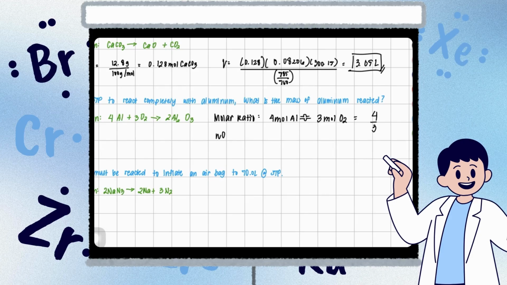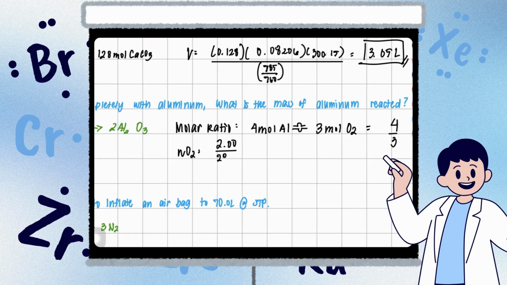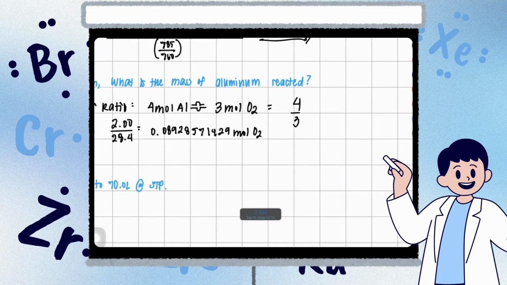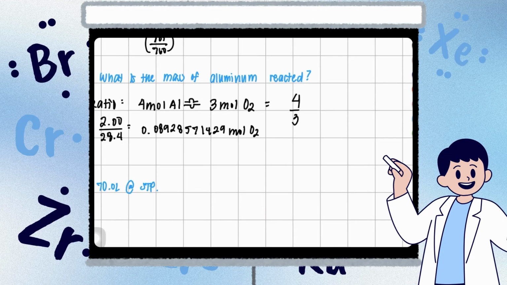So nO2 is equal to 2 all over 22.4, which gives us 0.08928571429 moles of O2. Then we have to multiply with the molar ratio, which is 4/3.